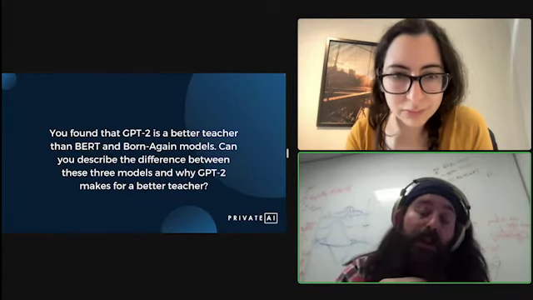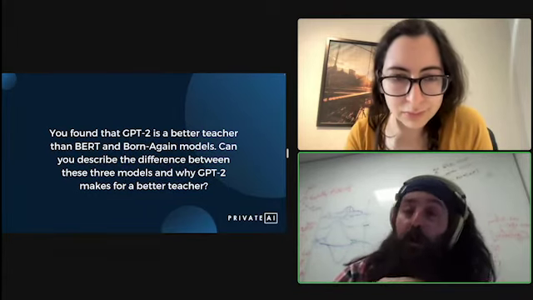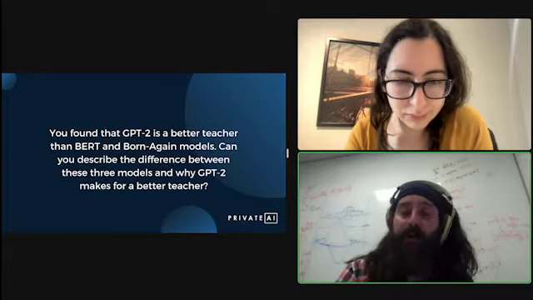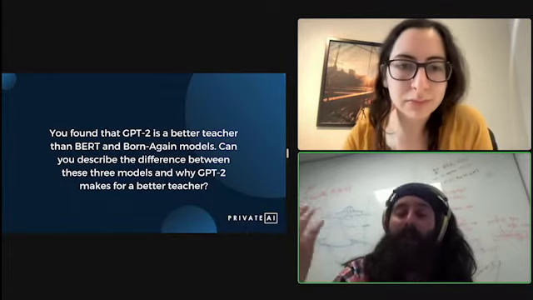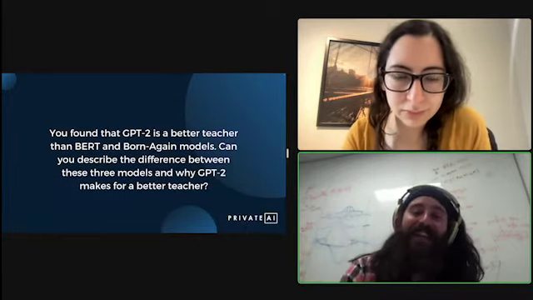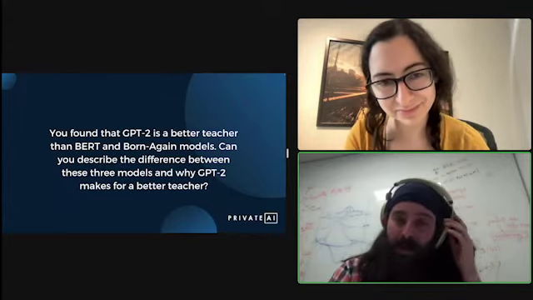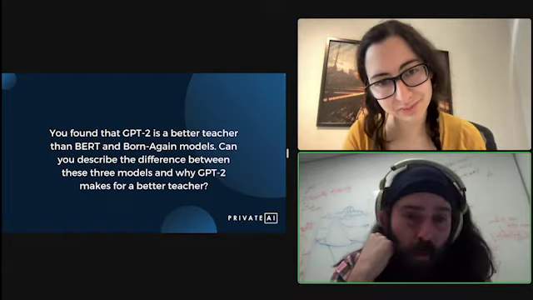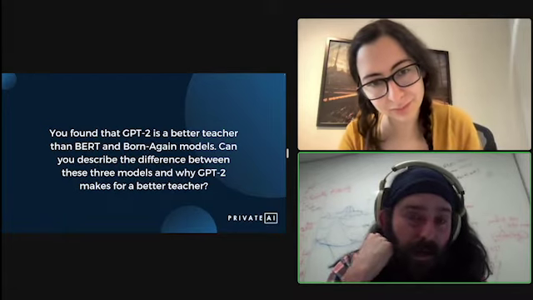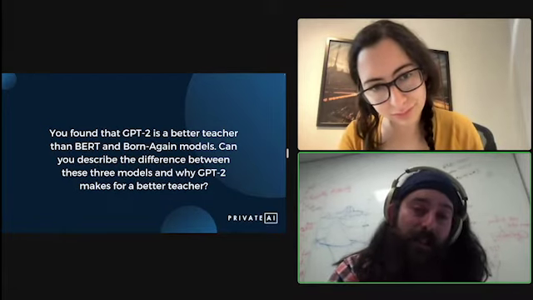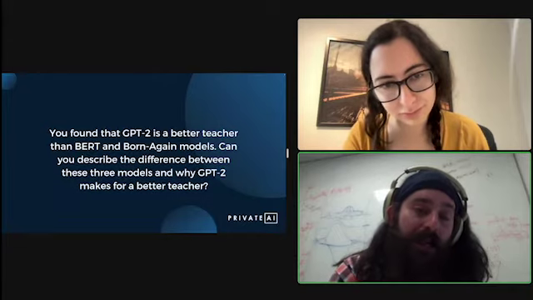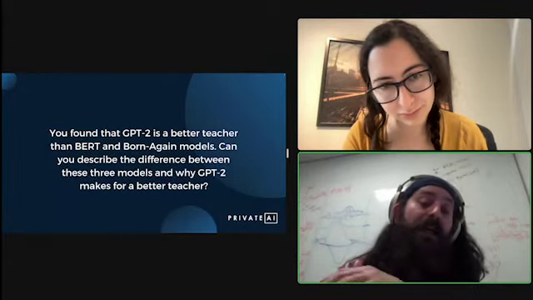GPT-2 is an autoregressive language model, like the student models that we're trying to train. And BERT, again, is not really a language model. Like I said, it's a bidirectional language representation model. The reason why we chose these three different models is, first, a data leakage issue.